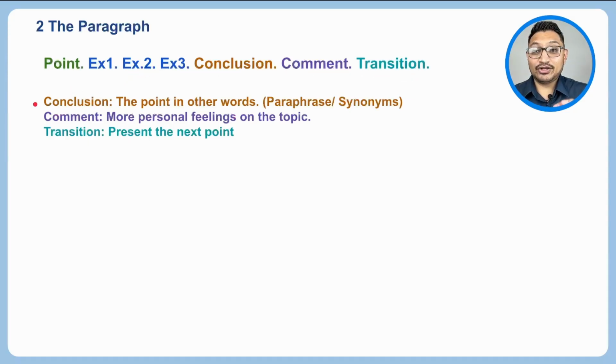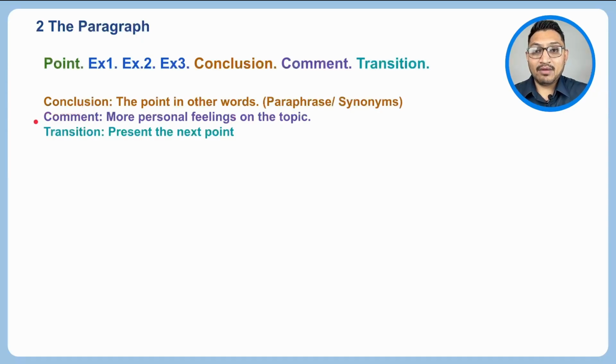So the conclusion is really one of the most important elements in professional writing, and a key to do a good conclusion is to repeat the point or say the point, but in other words. This is called more technically paraphrasing. So you do a paraphrase of the point with synonyms of the words you're using. That is a conclusion, or a conclusion sentence inside the paragraph.